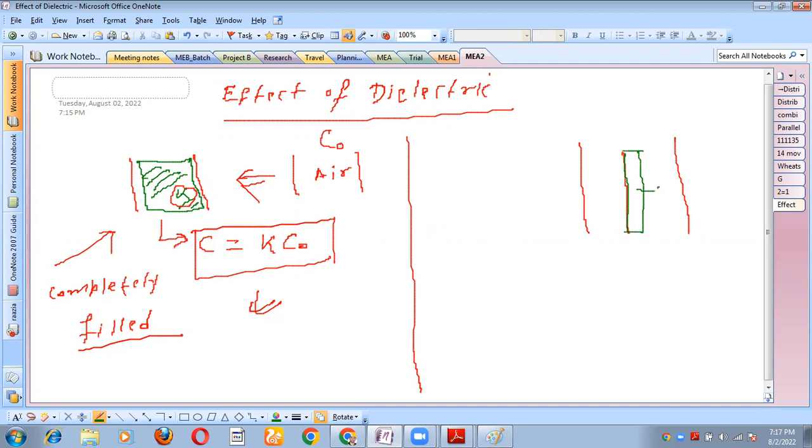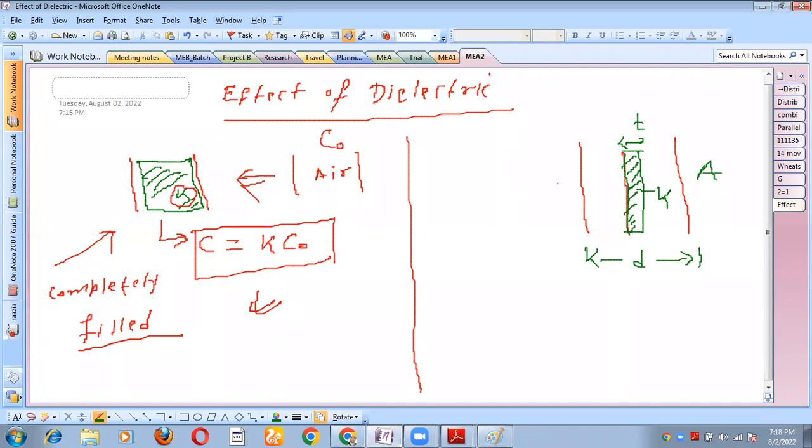Suppose its dielectric constant is K and its thickness is T. I don't fill it completely, I just fill it partially. And suppose original distance is D and area is A.